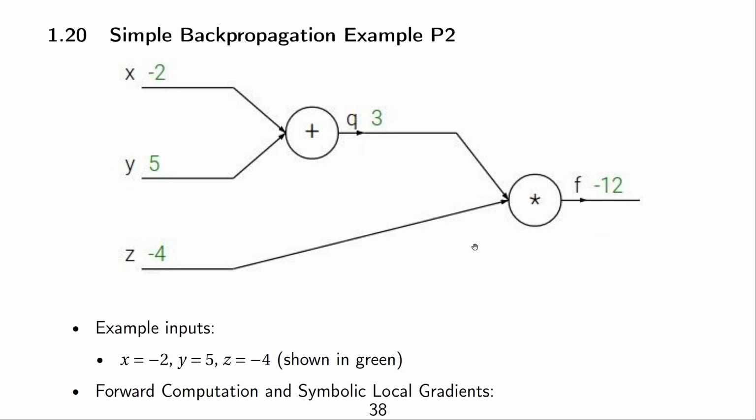Let's again make a sanity check and look at this from the perspective of the value z and df dz. And df dz is q. So let's say q is a very large number, so q would be 1,000,000. Now changing z by a small amount delta, then this delta would get multiplied by 1,000,000 because q is so high.